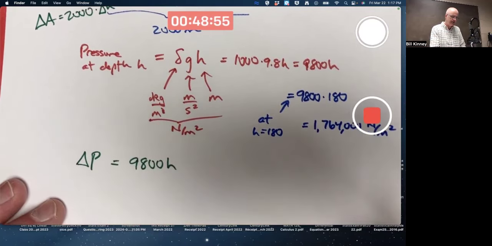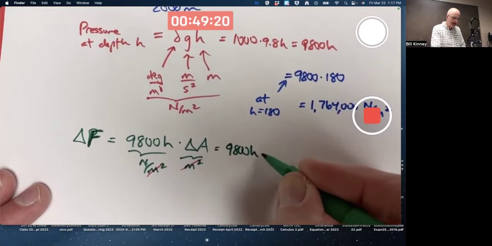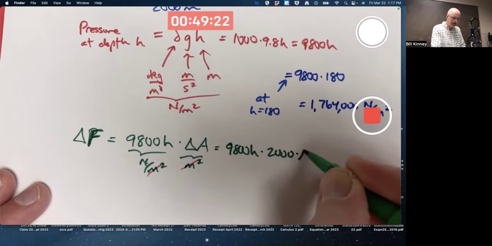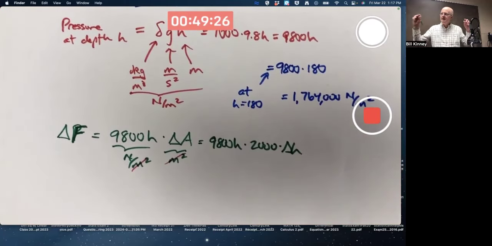This is in square meters. The square meters would cancel, giving you newtons. But again, delta A is 2,000 times delta H, the area of the thin strip, 2,000 meters long, delta H meters high.